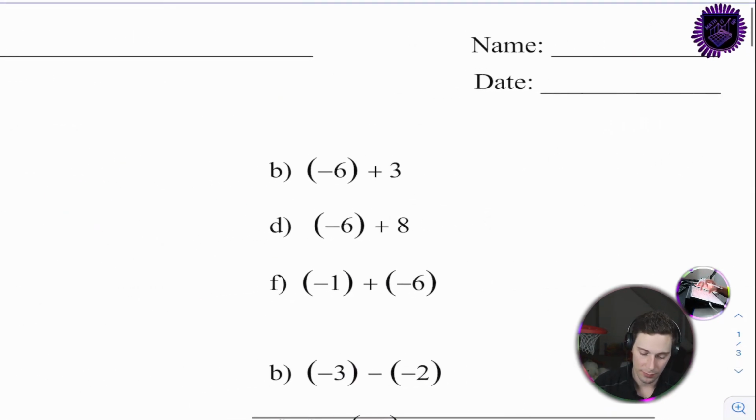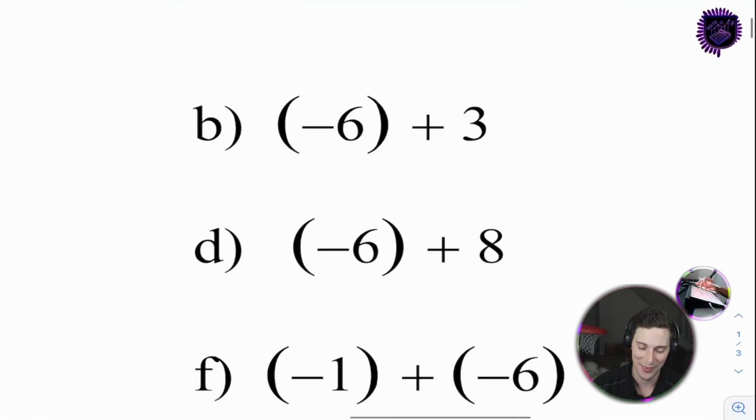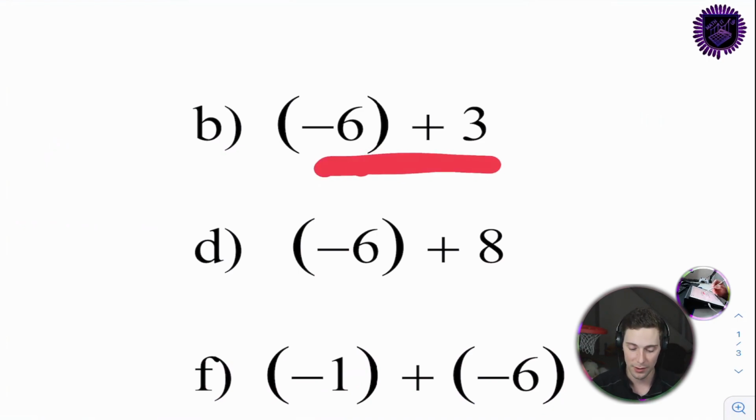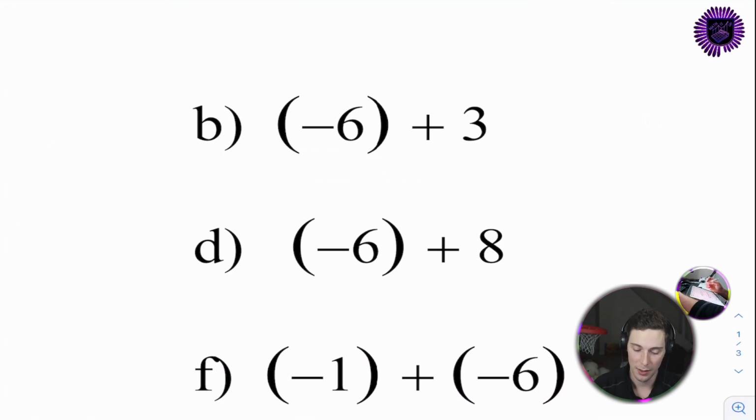Sorry, I'm getting ahead of myself. 1b. So we got negative 6 plus 3. Again, I'm thinking finding the difference between these numbers. The difference between 6 and 3 will be 3, and the bigger number is a negative number, so it's going to be equal to negative 3.